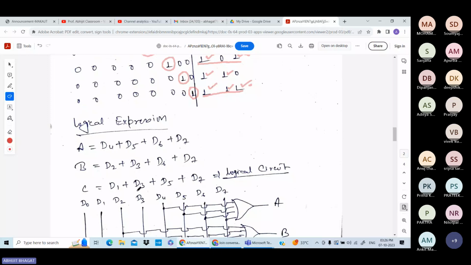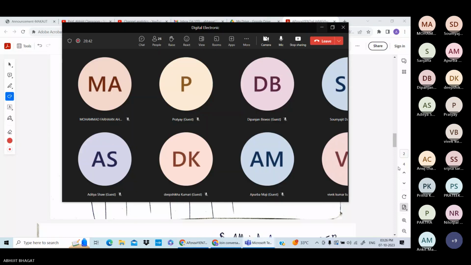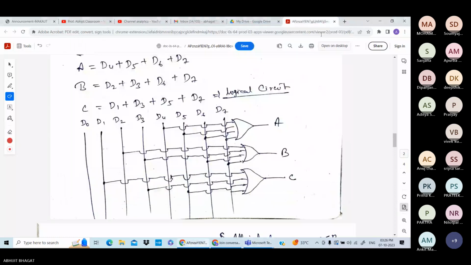Next is, by using this logical expression, you can draw the logic circuit. So for logic circuit, all of you can see my screen.